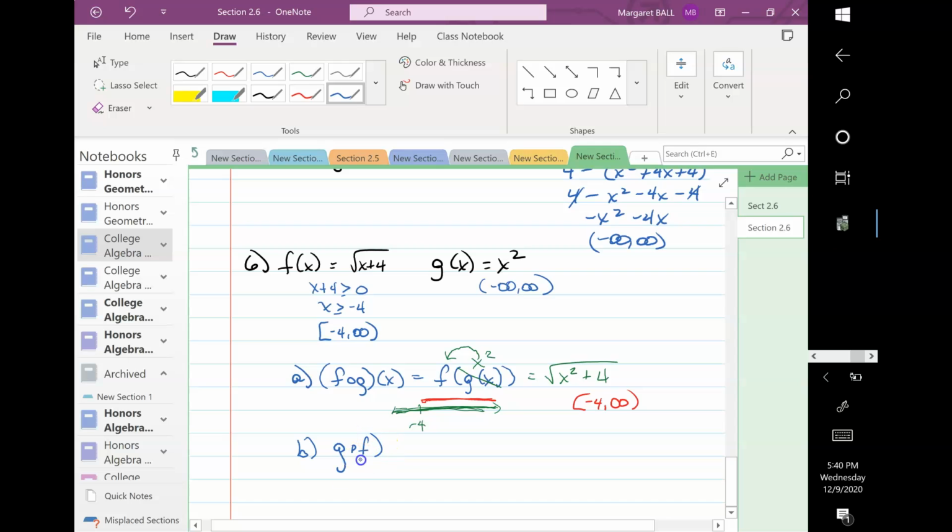I don't know, something's going on with my stylus here. Okay, so immediately replace that with g of f of x. Okay, so find f of x. f of x is the square root of x plus 4.